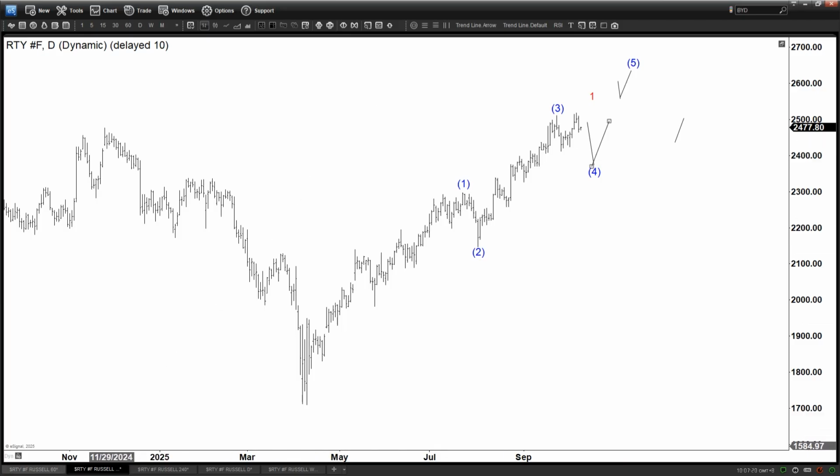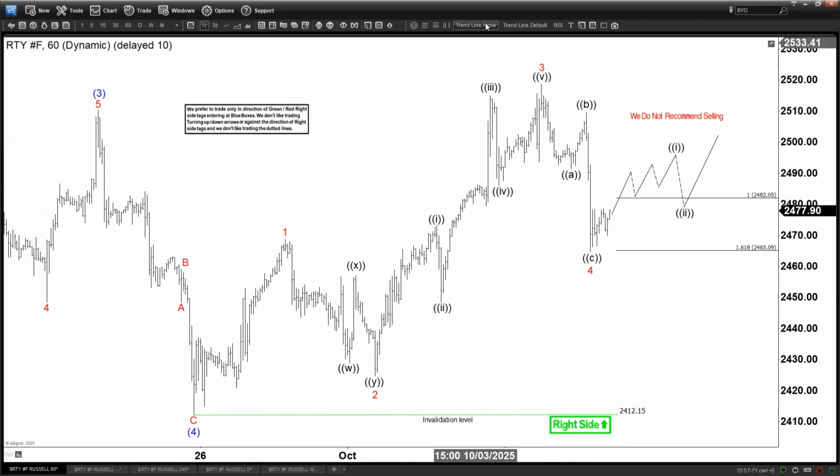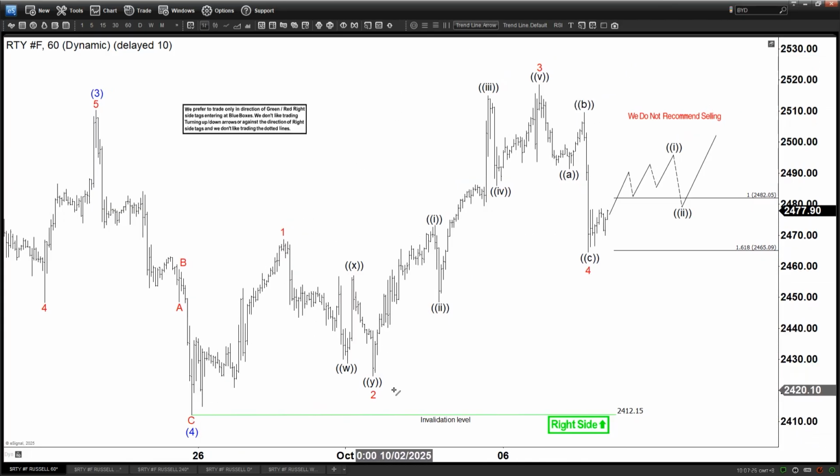Another possibility is you force this as a 1, 2, 3, 4, 5 finish here. So you're ending 1 here. The count is not ideal, but that's definitely not totally impossible. Something like this, right? So there's a couple of different possibilities, guys.